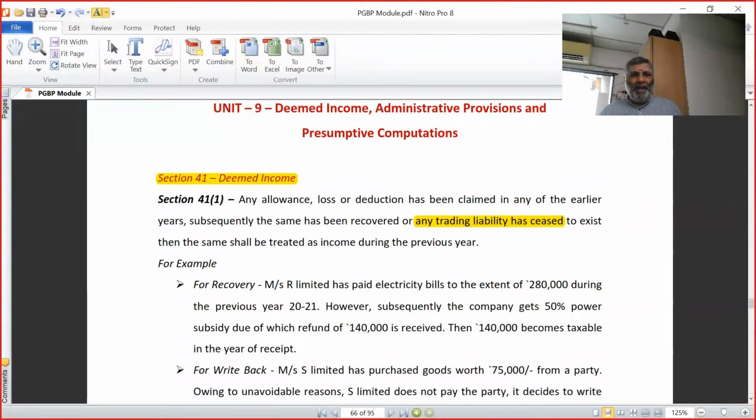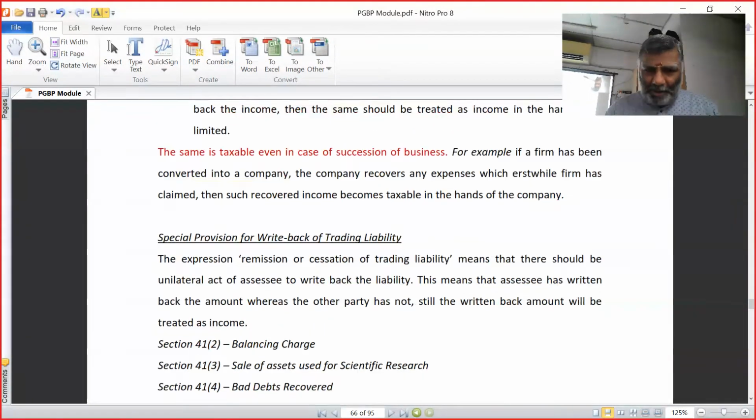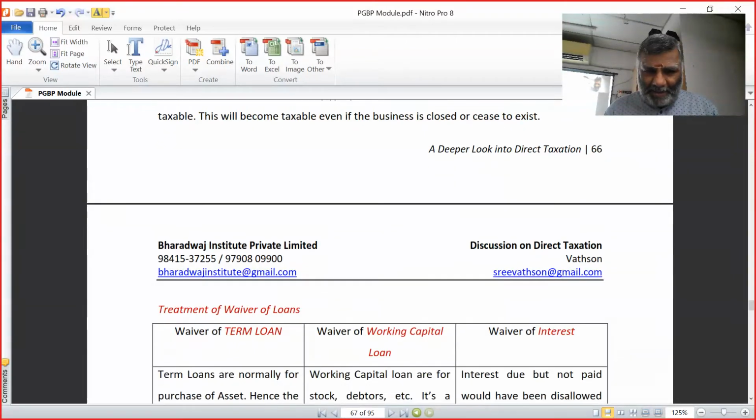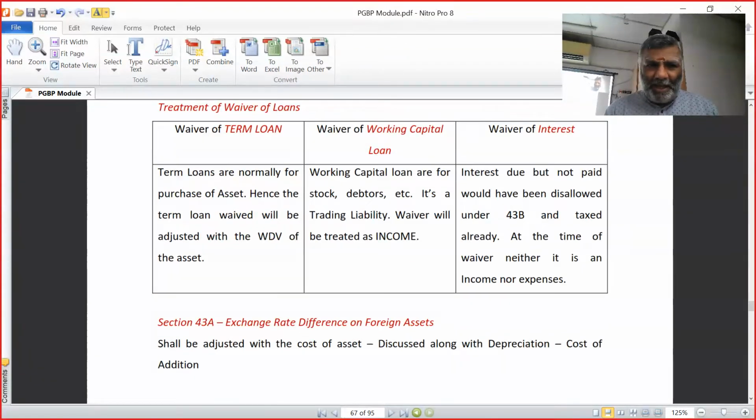Okay. In this, there is something to discuss. We'll come back to the other things later. This is waiver of term loans. Waiver of loans. This is where somebody was also asking me yesterday or something. Waiver of loan.